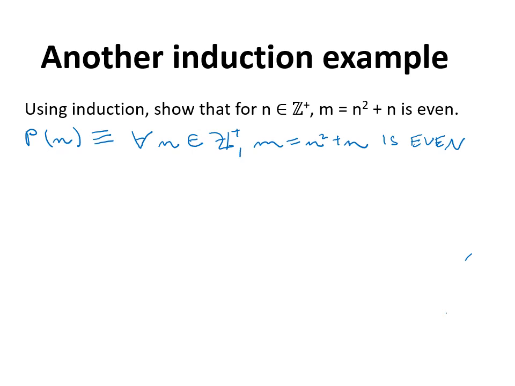Now we want to prove the base case. So we want to show that P of 1 holds, and P of 1 is equivalent to m is equal to 1 squared plus 1, which is equal to 2 is even.